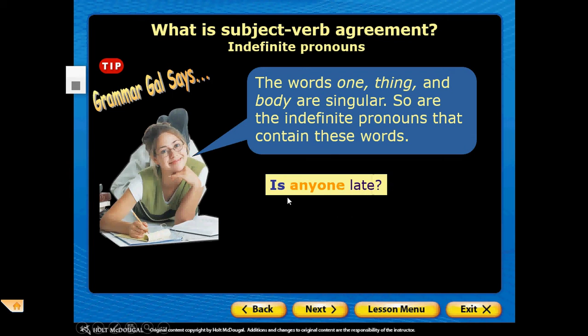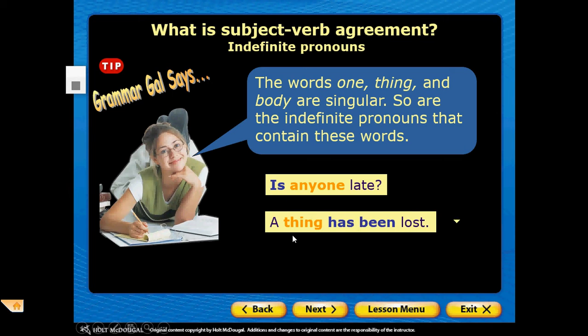That means, is anyone late? The way you treat the pronoun one is the way you treat the compound indefinite pronoun anyone. So we treat it as a singular pronoun here. That's why it takes is rather than anything else like are.